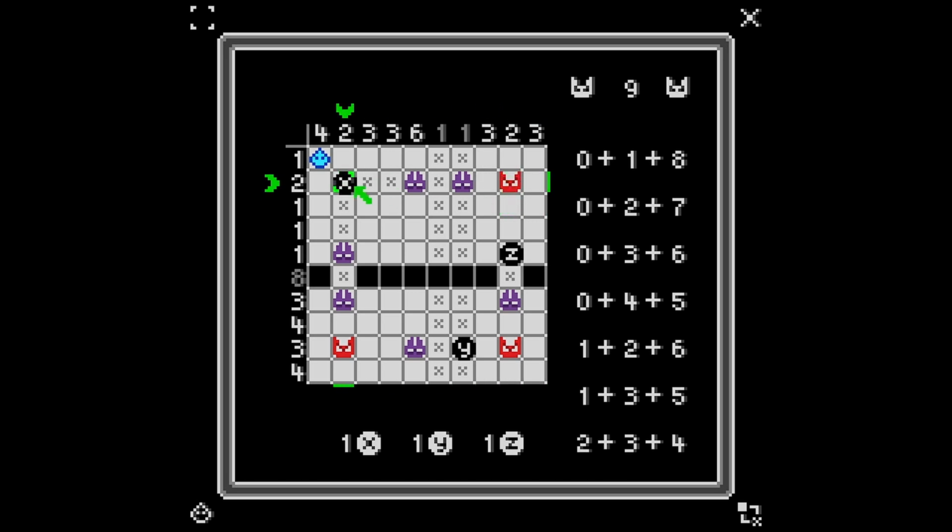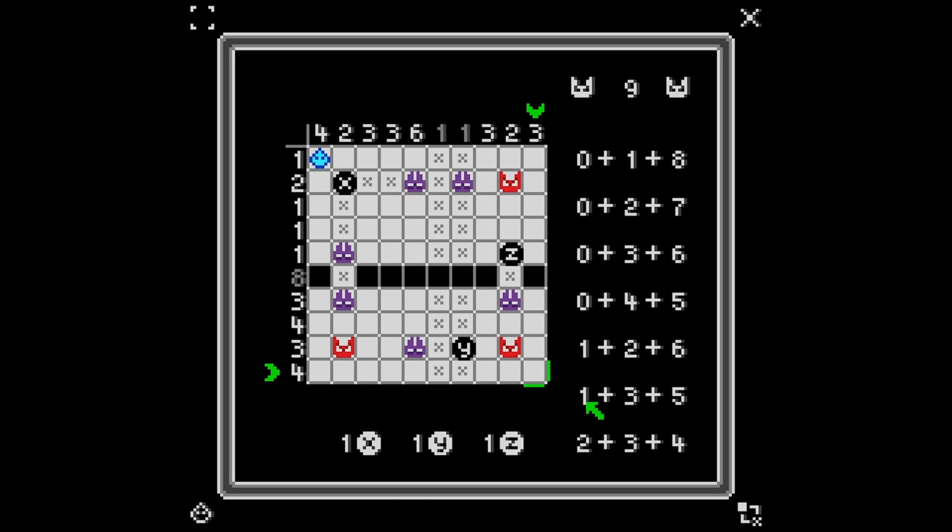But if x is 6, that means it hits this bunny as well as this one. That means we would get walls here, and that locks in this crystal, which can't be. So that eliminates this equation as a possibility.